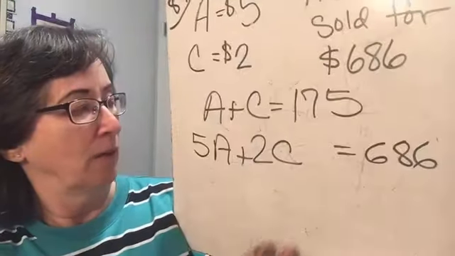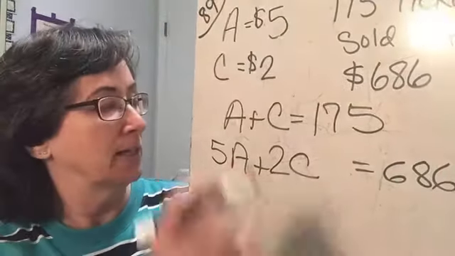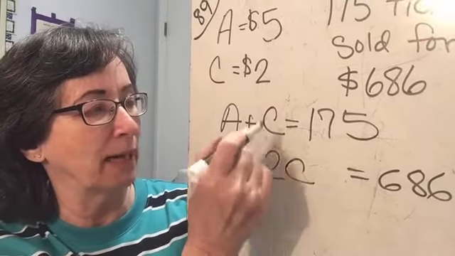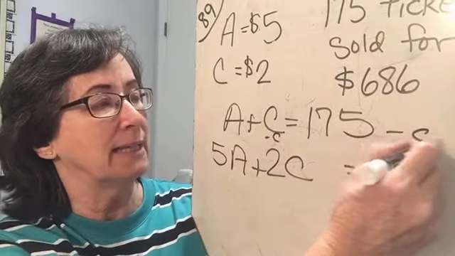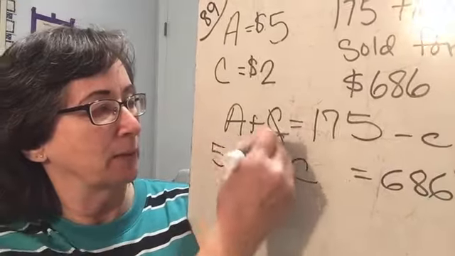Now, we're going to go ahead and use our substitution. So let's solve for A. Since A's in front, it makes it easy. Minus C, minus C. So A is 175 minus C. This one goes out.